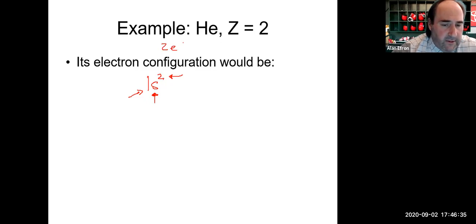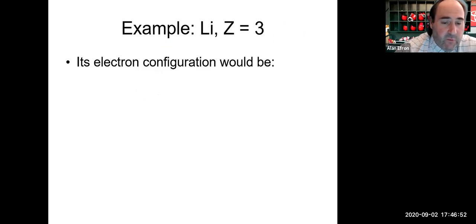Because that is an s orbital, the 1s is now filled. So any more electrons have to go to the next available, next lowest energy orbital.